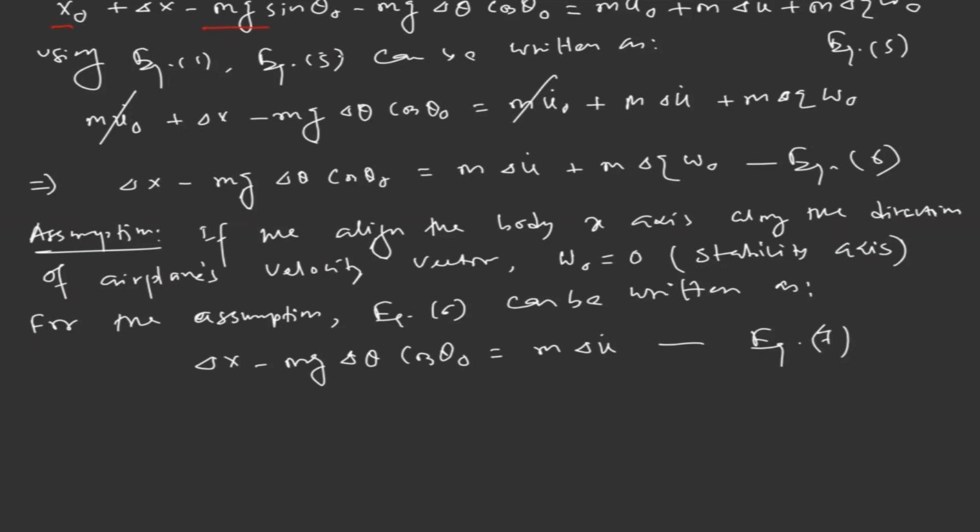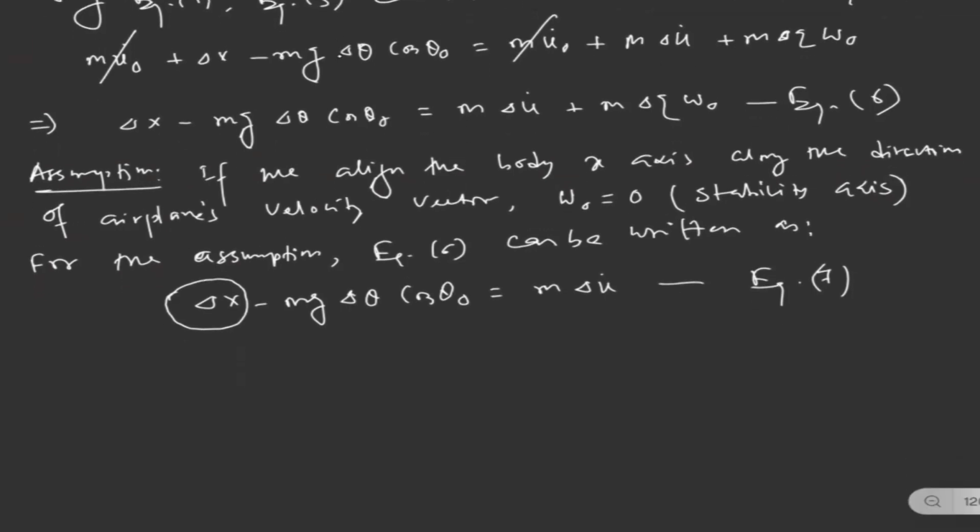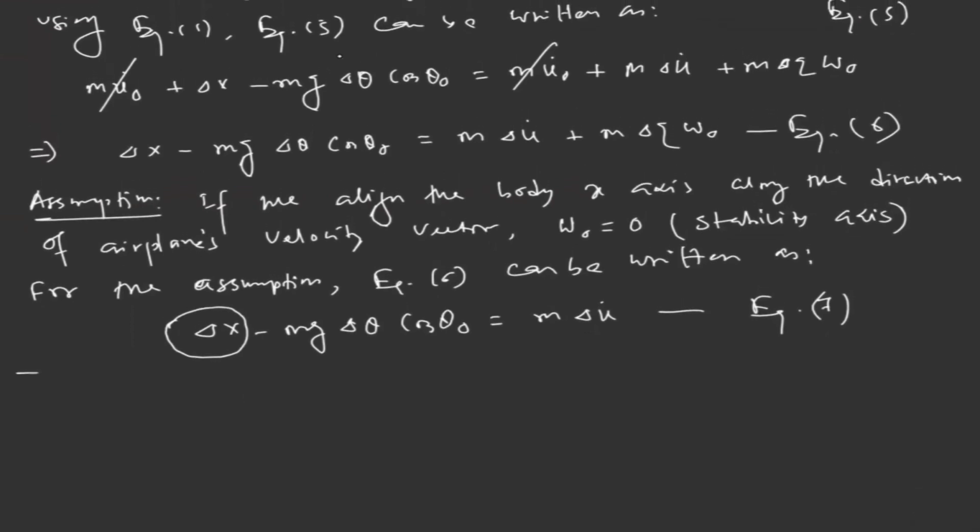Now we have to see how this perturbation force is going to be generated in the body axis. This is very, very important, and here we will come up with the concept of control also. Now let me write the force del x. Because of this del x, the system has been perturbed to del u form, the velocity has changed to del u.